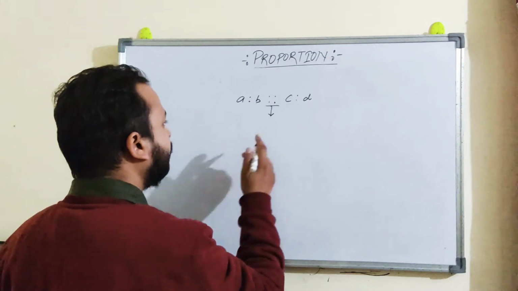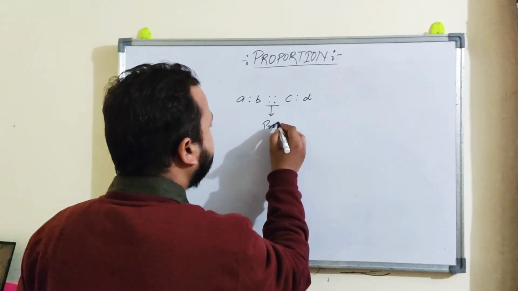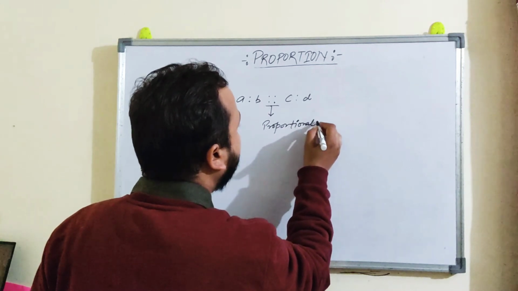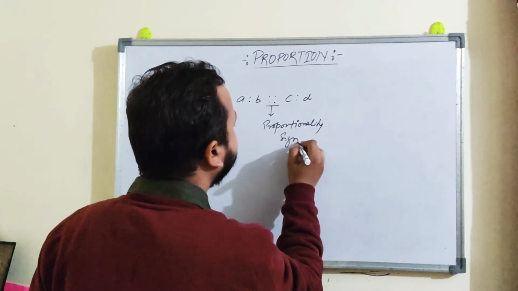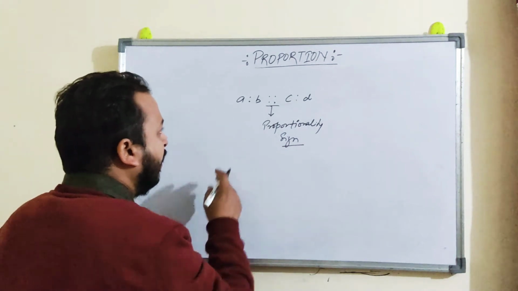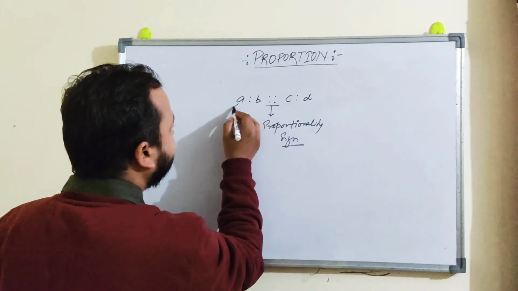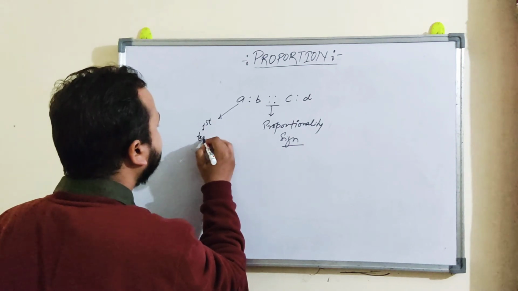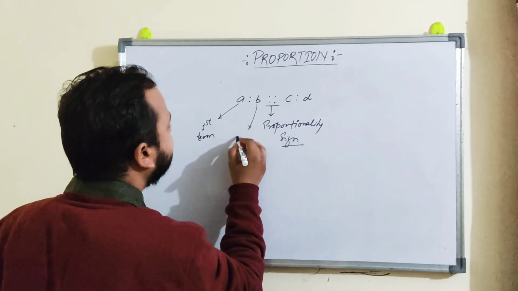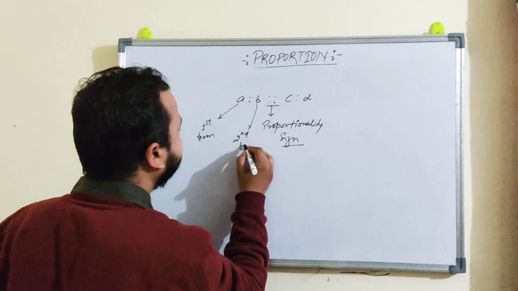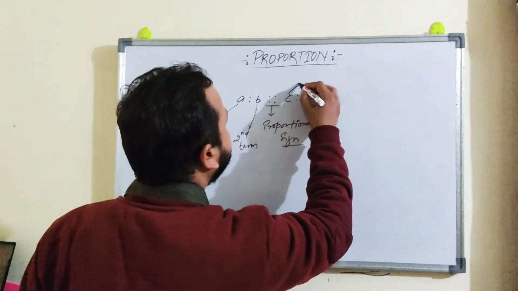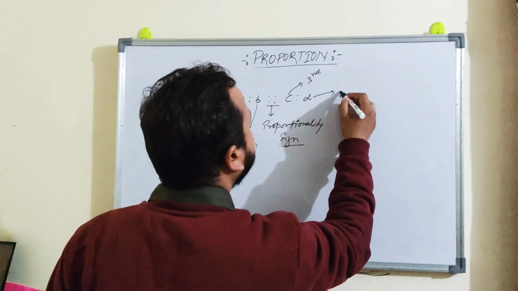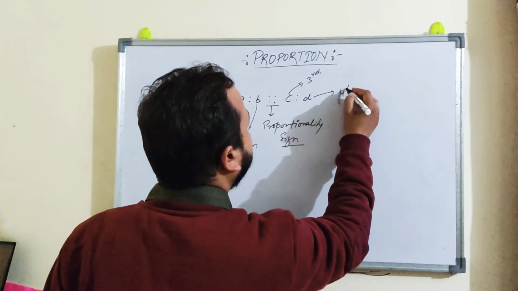Here A is known as the first term, B is the second term, C you can say is the third term, and D is the fourth term.